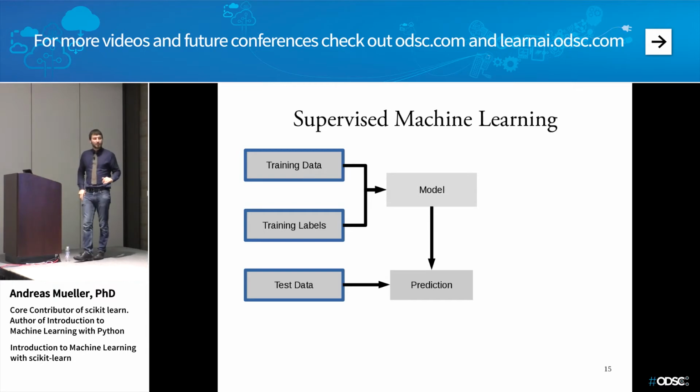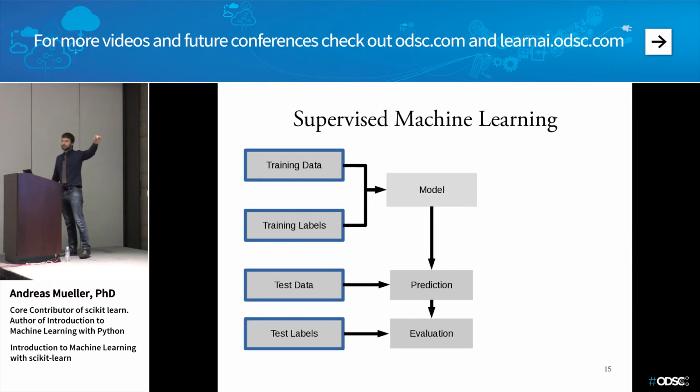And then if we get new data, test data, we can use the model to make predictions on the test data. And if we have the labels for the test data, we can validate whether the predictions by the model were accurate by comparing the test labels to the predictions. This is a very standard supervised machine learning workflow.